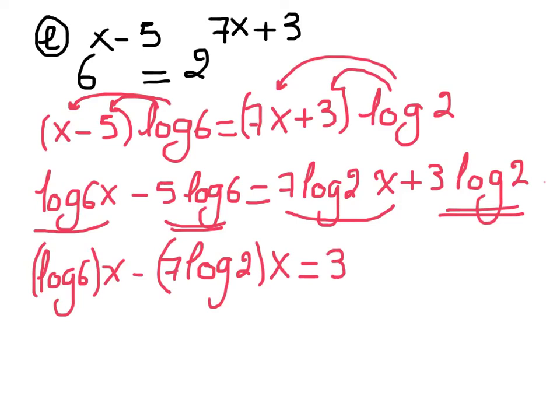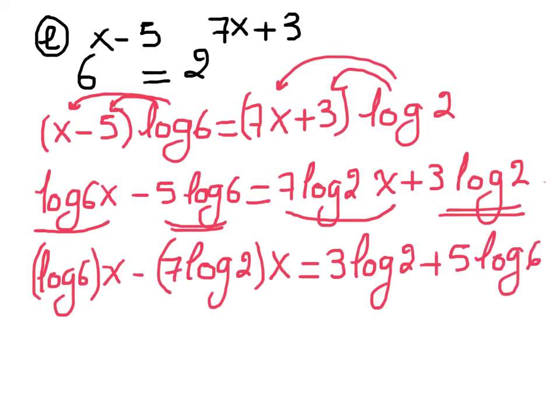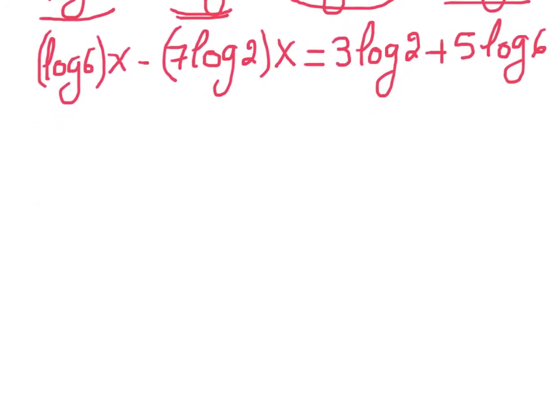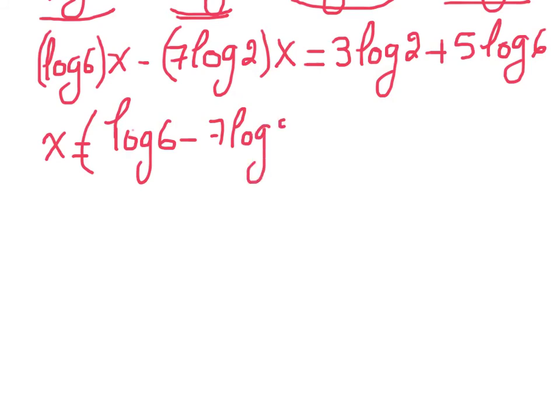On the other side, I have 3 log of 2 plus 5 log of 6. Now what I need you to do is factor out the x. If you factor out the x, you will get log 6 minus 7 log 2, and this is going to stay the same.